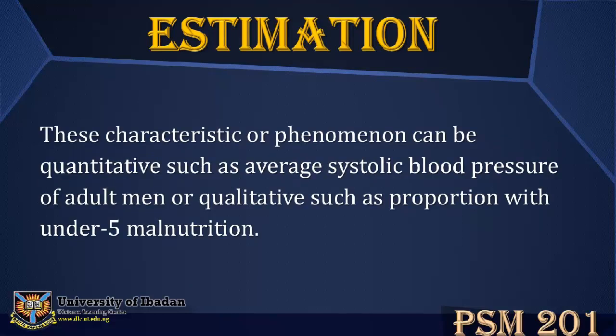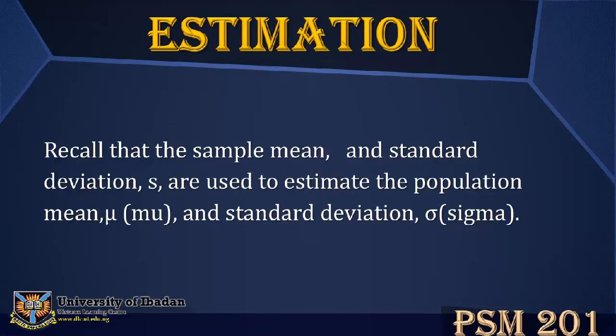2. Estimation. A major purpose or objective of health research is to estimate certain population characteristics or phenomena. These characteristics or phenomena can be quantitative, such as average systolic blood pressure of adult men, or qualitative, such as proportion with under-5 malnutrition. Recall that the sample mean X bar and standard deviation S are used to estimate the population mean mu and standard deviation sigma.